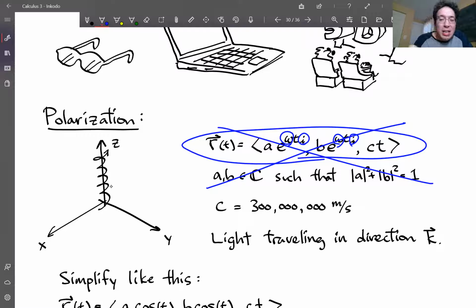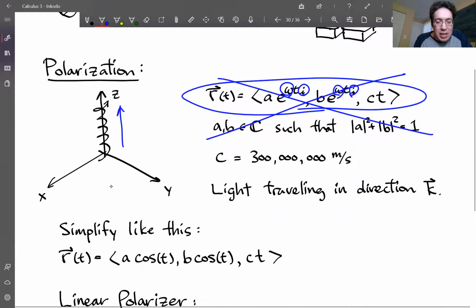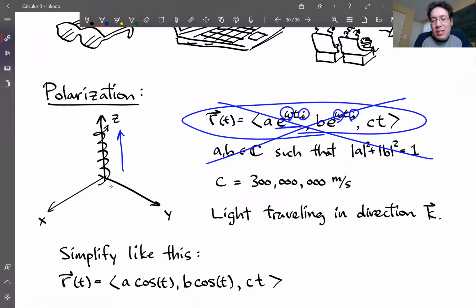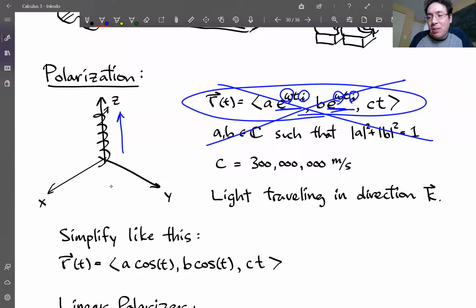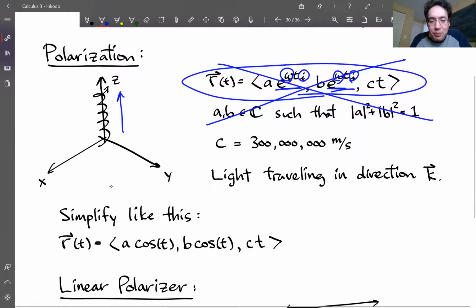What's important is that for a photon that's traveling, I'm going to always assume that it's traveling in the positive z direction. And instead of writing these complicated complex expressions, you could just think of it like a wave, so sine or cosine waves, some kind of sinusoidal waves.